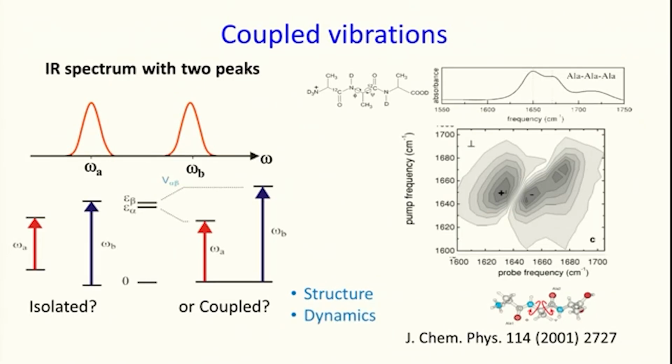And not only structure, the advantage is that since these vibrational coherences all decay on an ultra fast time scale, one can talk about ultra fast dynamics of evolution of structure by looking at how this coupling changes as a function of time. That is the appeal of 2D IR spectroscopy to the ultra fast community.